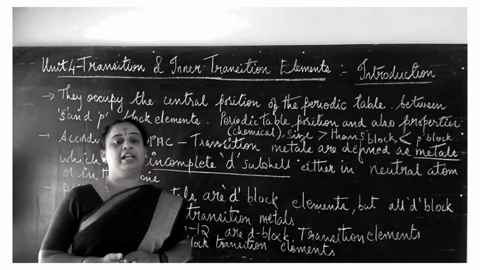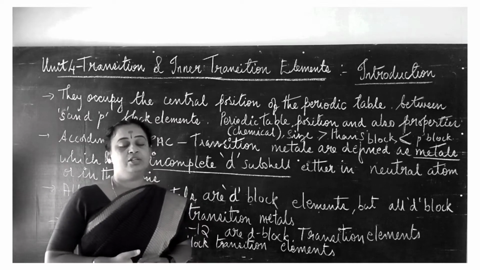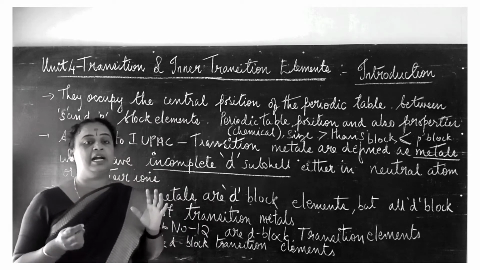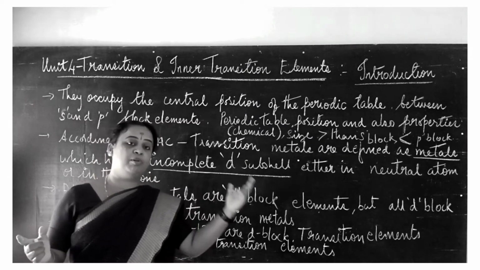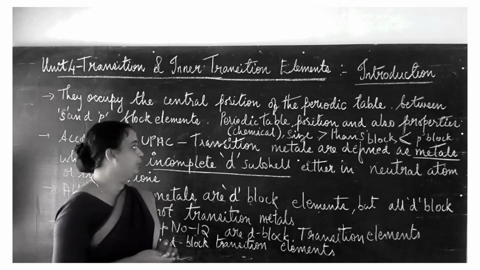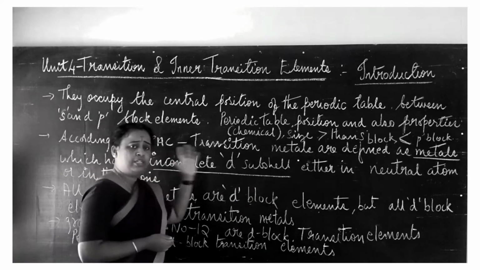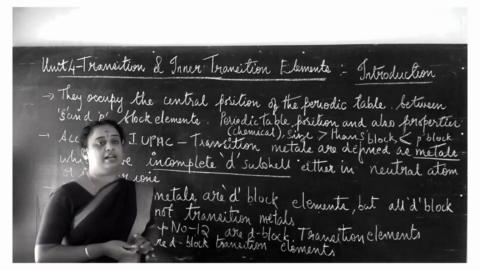These D block elements are called transition elements. In the periodic table, the transition elements' position is in between the S block elements and the P block elements, right? Those elements are called transition elements.